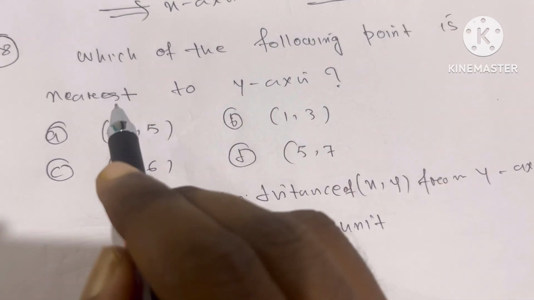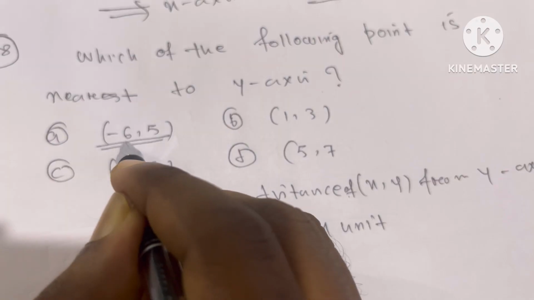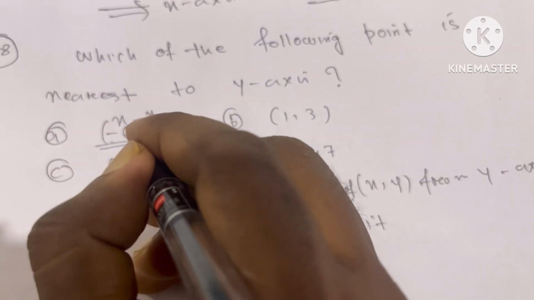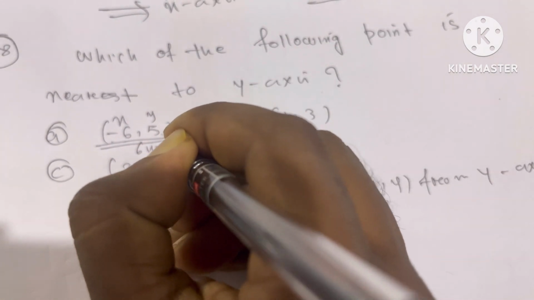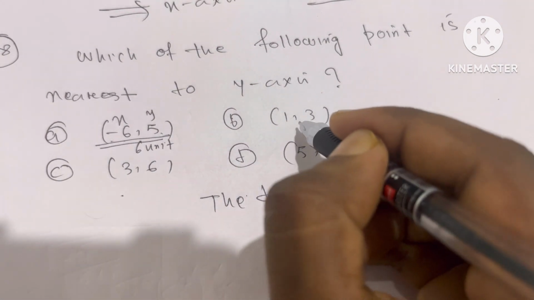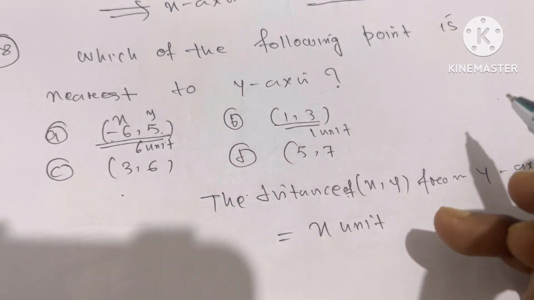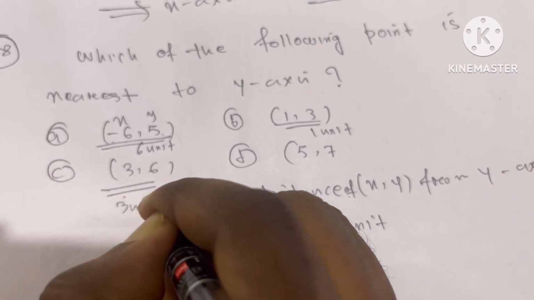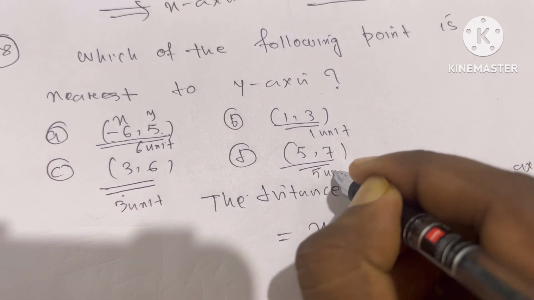So which of the following point is nearest to y-axis? You see the x value. Here the x value is minus 6, so the distance of this point from y-axis is 6 units. The distance of this point from y-axis is 1 unit, because the x value is 1. This one is 3 units, and this one is 5 units.